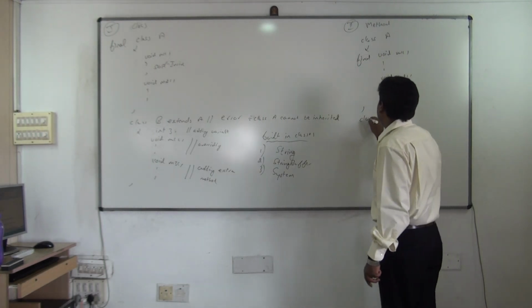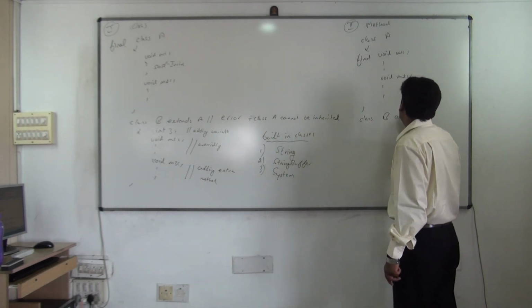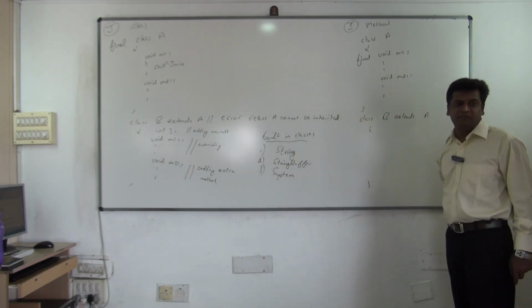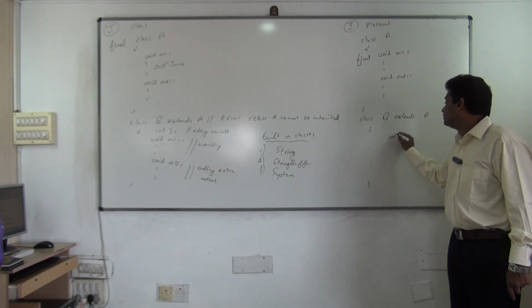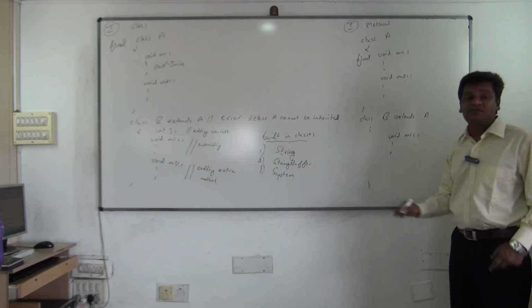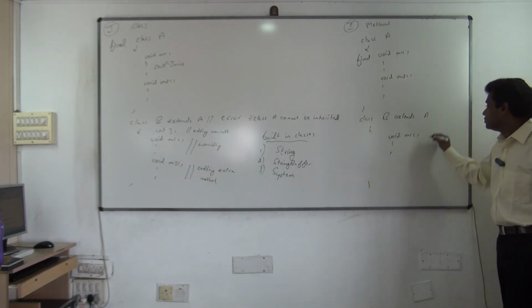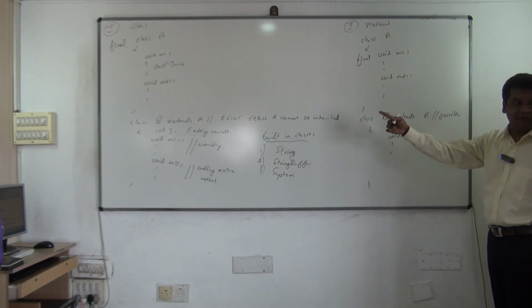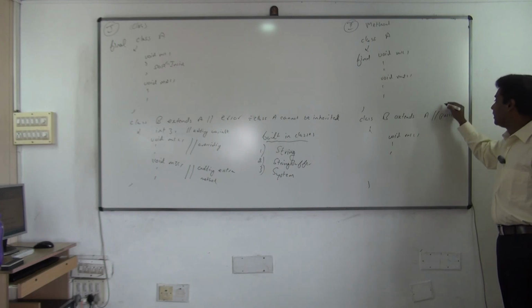Now when class B extends A, understood? You can never modify M1. Modify means override. You cannot override the M1 method. So this is possible, you can extend now. Earlier the class could not be inherited, but here the class can be inherited.